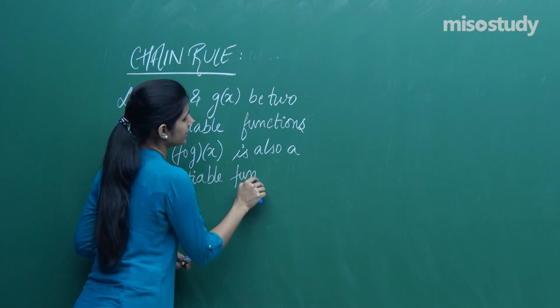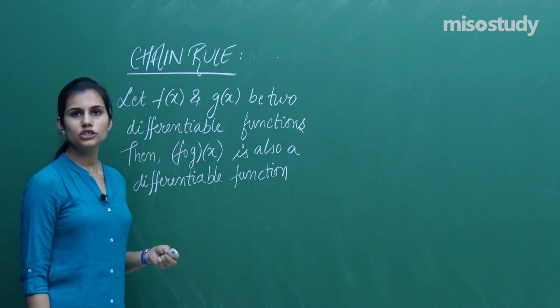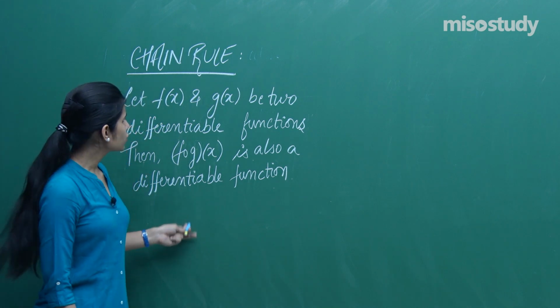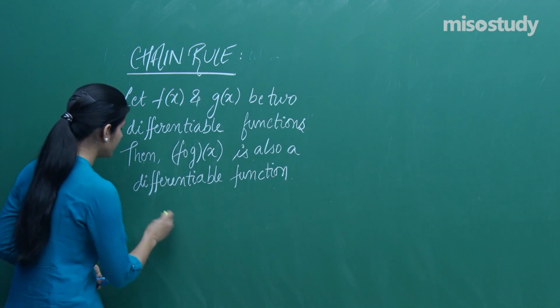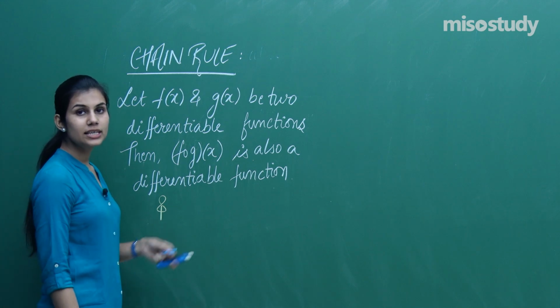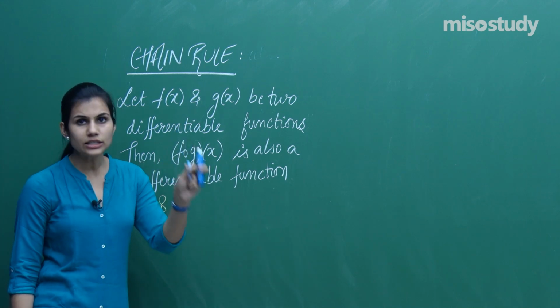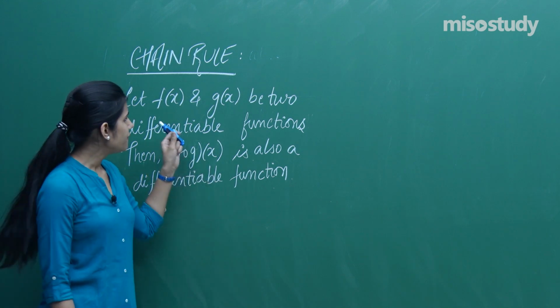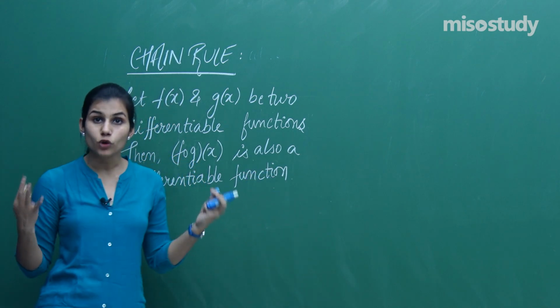Now you would say, well, we know this. We know that composition of two differentiable functions is differentiable. What is so special about it coming under the chain rule? Well, you know that if f and g are differentiable functions, they give rise to newly created functions known as f dash x and g dash x. Right? When I say f and g are differentiable, that means they are differentiable over their respective domain.